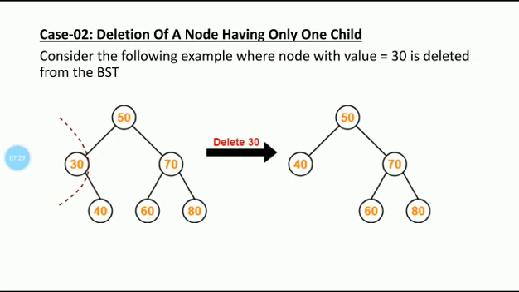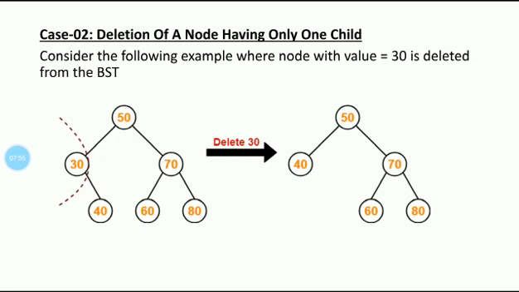This information is needed because we are trying to delete the node with the value 30. As a parent is disconnected from the binary search tree, its child is connected to its grandparent. What we have to understand is, as the parent is disconnected from this binary search tree, its child node is connected to the grandparent node.